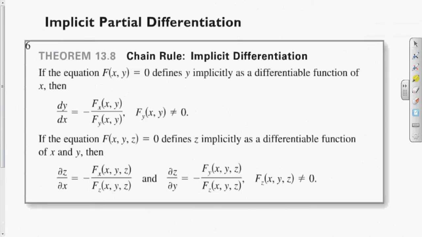Let's talk here. The last part of this section deals with implicit differentiation. You recall from Calculus 1 when you would look for the derivative implicitly, it was to imply that the variable you were looking for also depended upon another variable itself.